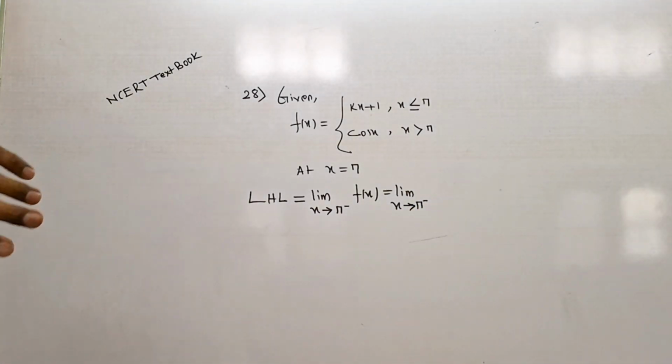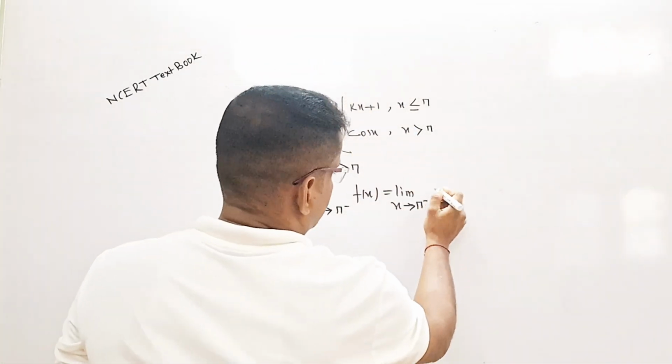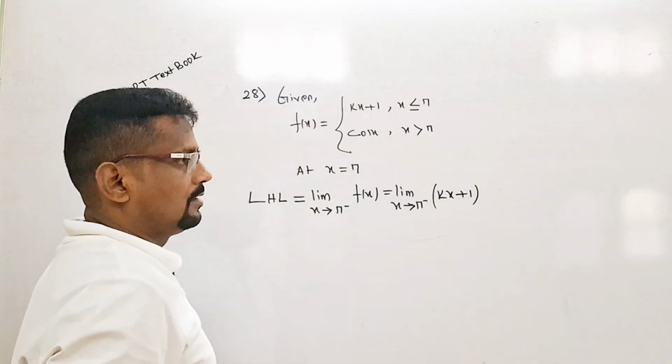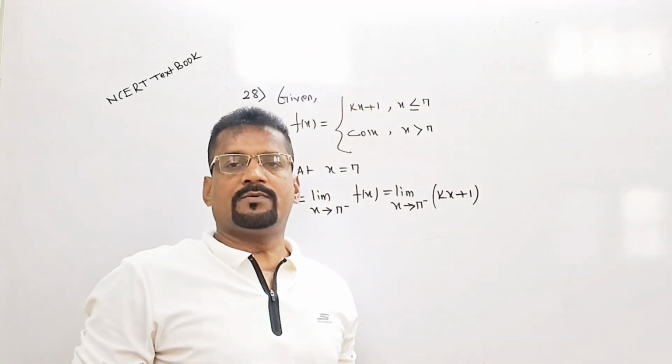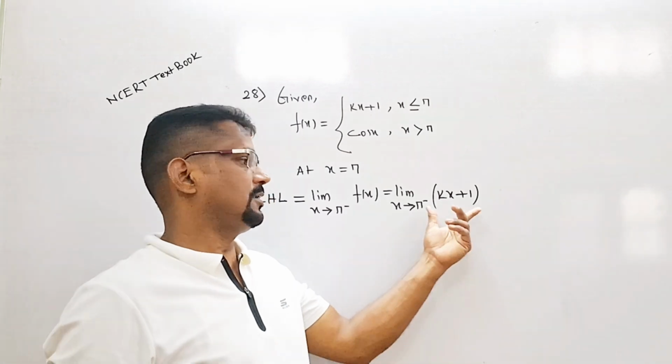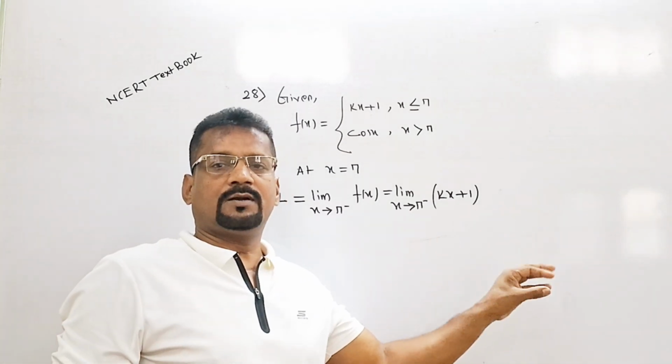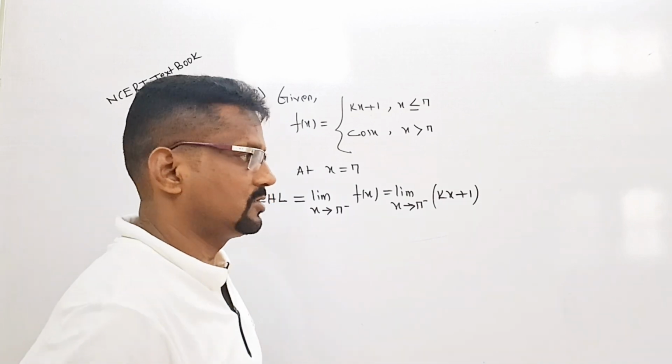Now you see, when x is less than pi, then f(x) is kx plus 1. Now see, the limit of a polynomial function always exists. Whenever you get a polynomial, and x tends to whatever number, directly put the number in place of the variable.